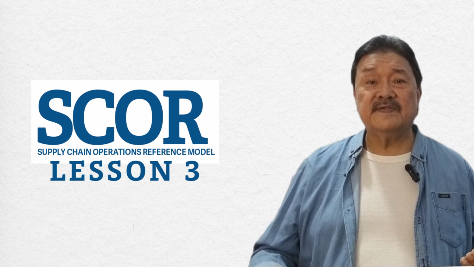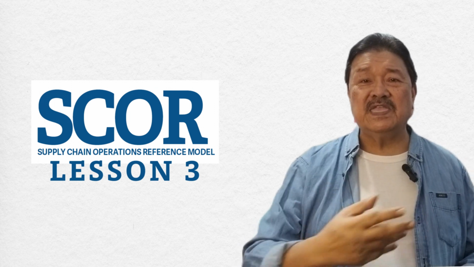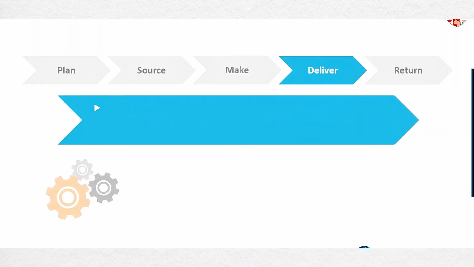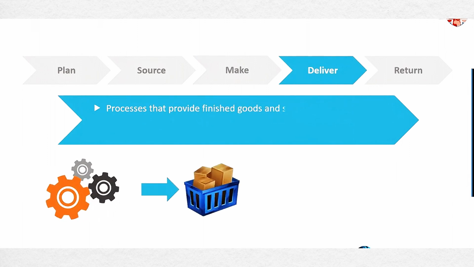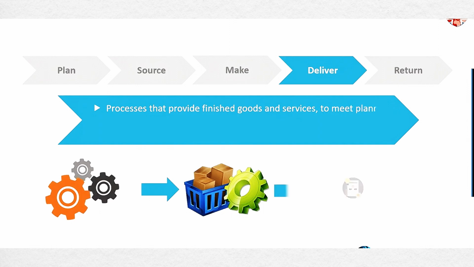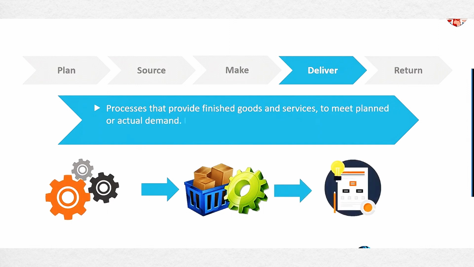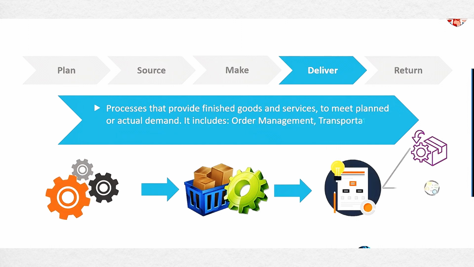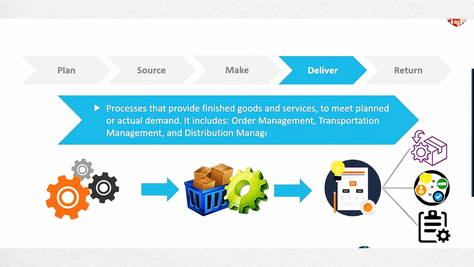Deliver processes describe the activities associated with the creation, maintenance, and fulfillment of customer orders. Detailed activities encompass the receipt, the validation and creation of the customer order, as well as scheduling order delivery, pick, pack, shipment, and invoicing.